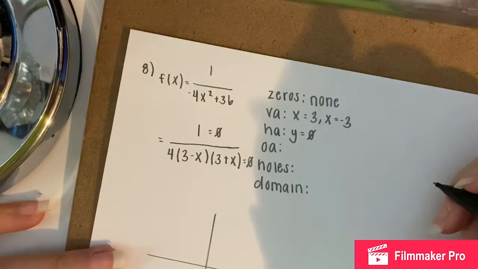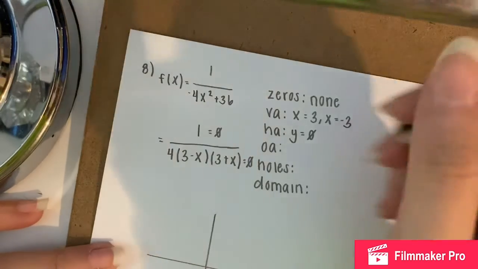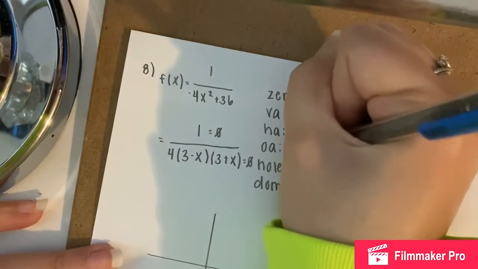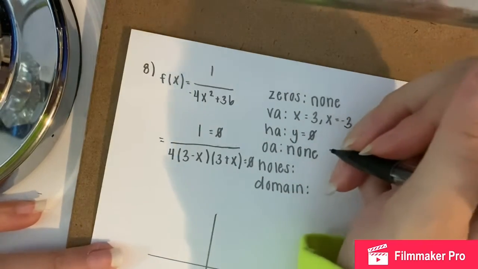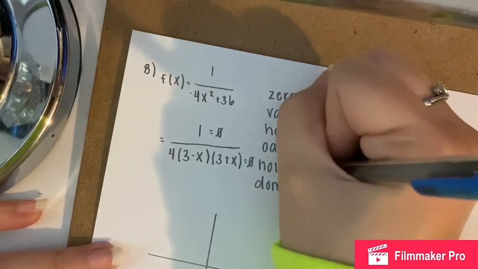And for the oblique asymptote, because the numerator degree is not greater than the denominator's degree, we do not have one. So we simply put none. And now for the holes, because nothing was omitted, we also have none.